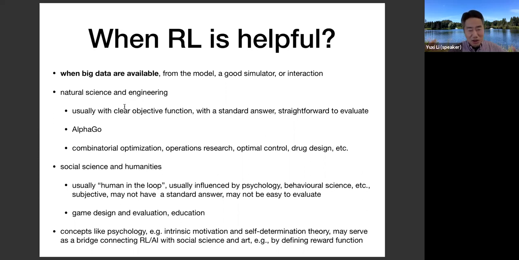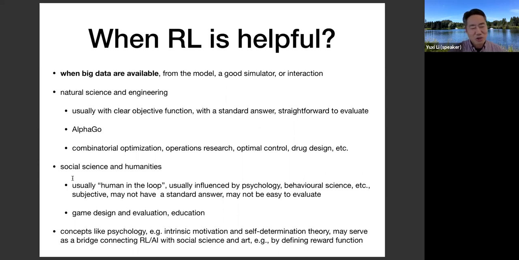For natural science and engineering problems, usually these problems are well designed. We have a clear objective function, we have a standard answer, and it's straightforward to evaluate. In this case reinforcement learning will be very helpful, and a good example is AlphaGo. There are other applications in combinatorial optimization, in algorithm research, in optimal control, and in drug design. I think these are pretty promising, and we just need maybe more resources to work on this.